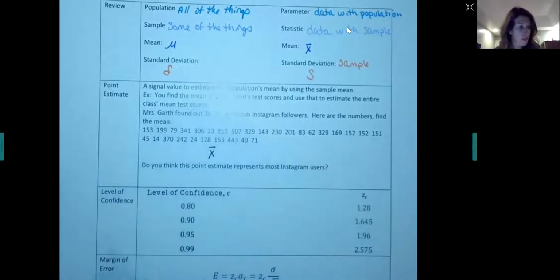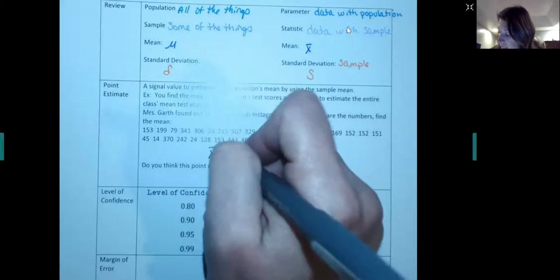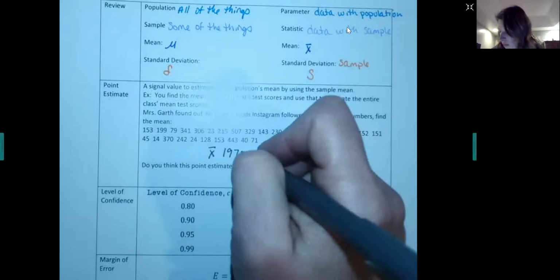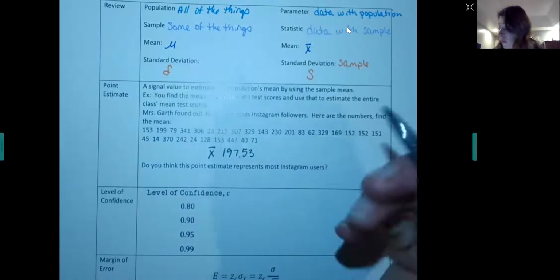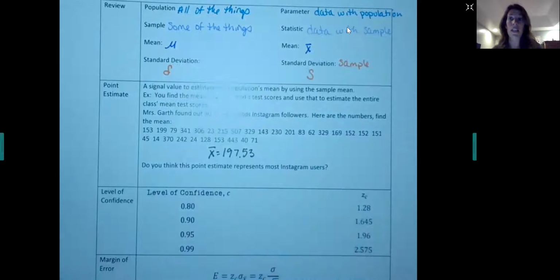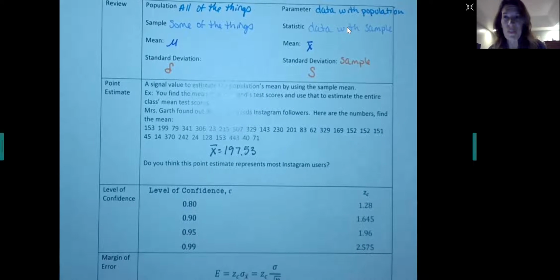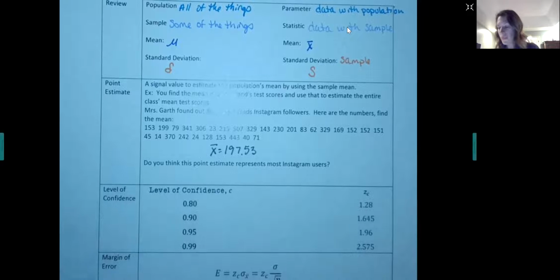So the mean, when you do all of that data, my mean is 197.53, or really 197. We can't have a half a follower. It doesn't work. We don't like half of people. So my point estimate is 197.53.